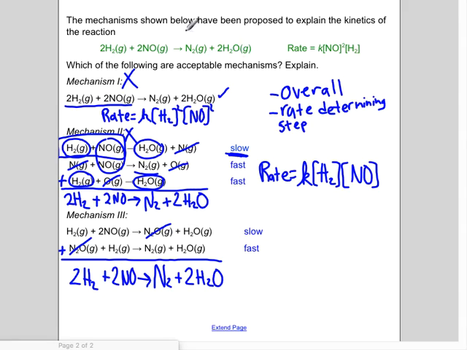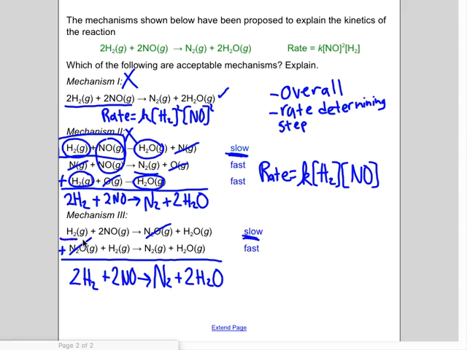So far so good. But remember, there's 2 requirements of a mechanism. The overall reaction has to be correct, and the rate determining step has to give you the rate law. So let's look at that rate determining step. It's the slow step, so it's step 1. It's not necessarily always going to be the first step is the slow step, but just in both of these examples it is. It could be any step that says slow is your rate determining step. All right, so we have our reactants here in the rate determining step.